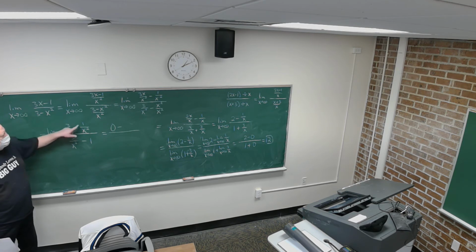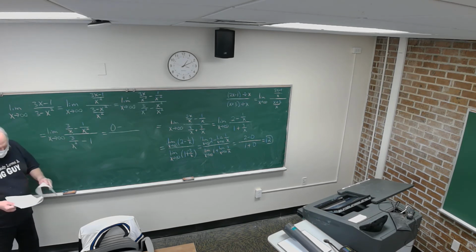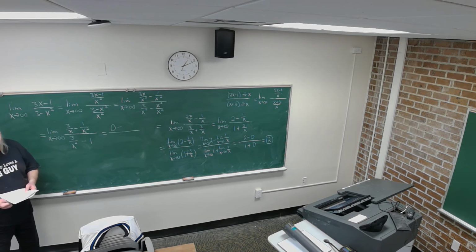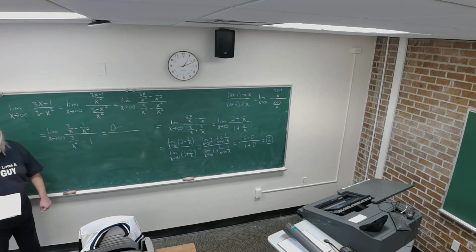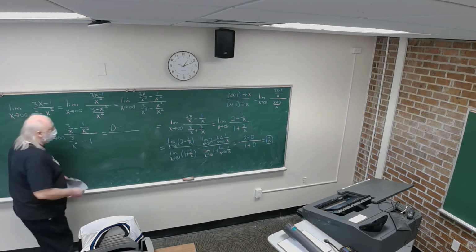As x increases without bound, 1 over x squared goes to what number? How many of you look at fact number 2? Okay. So by fact number 2, 1 over x squared goes to what number as x increases without bound? 0. Okay.